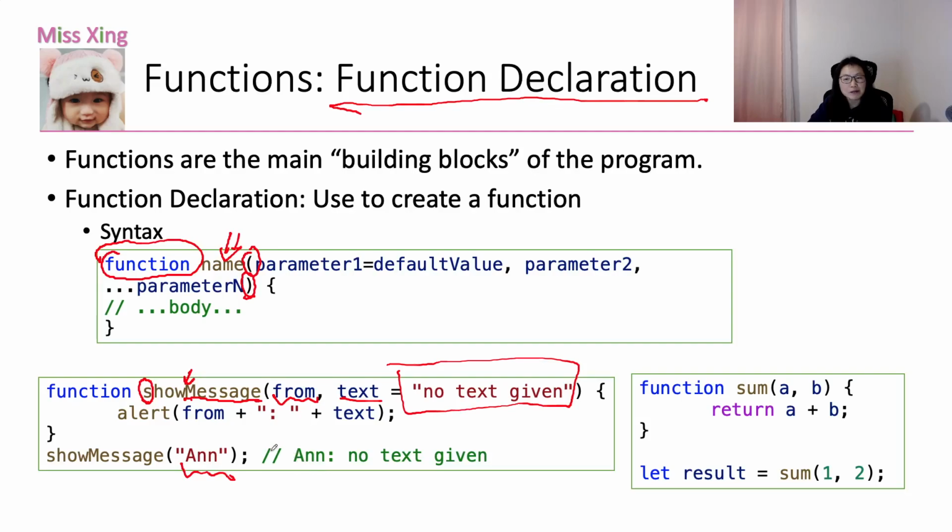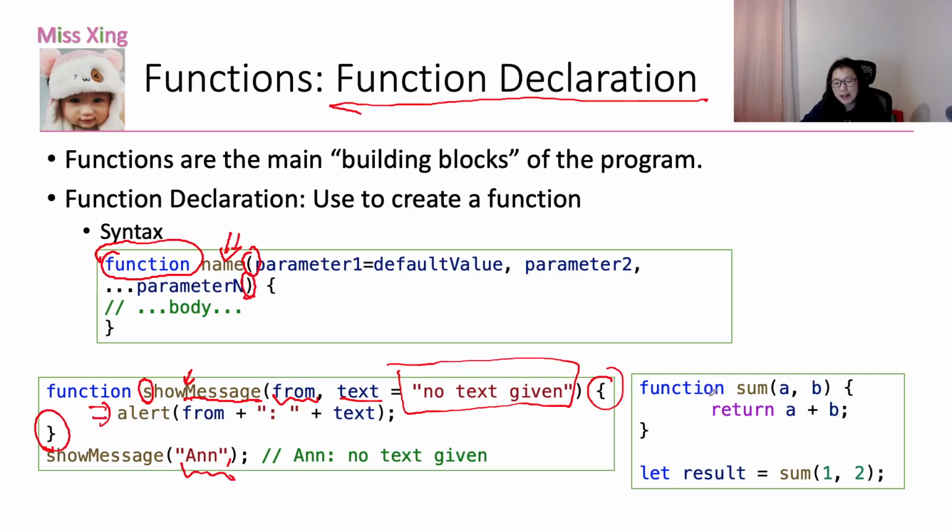And if you have something for text, it uses the one you pass in, okay. In the function, you have a function body, which is the statements between the braces. You have to enclose it using braces, and you can have zero or more statements inside this function body. Here we just alerted.